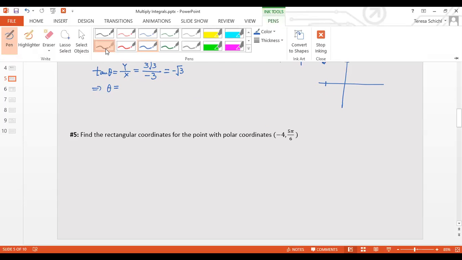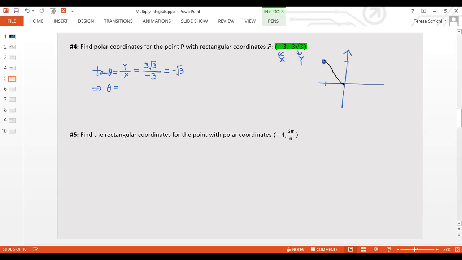This is the P point. So you know theta is from here to here. It has to be in the second quadrant.